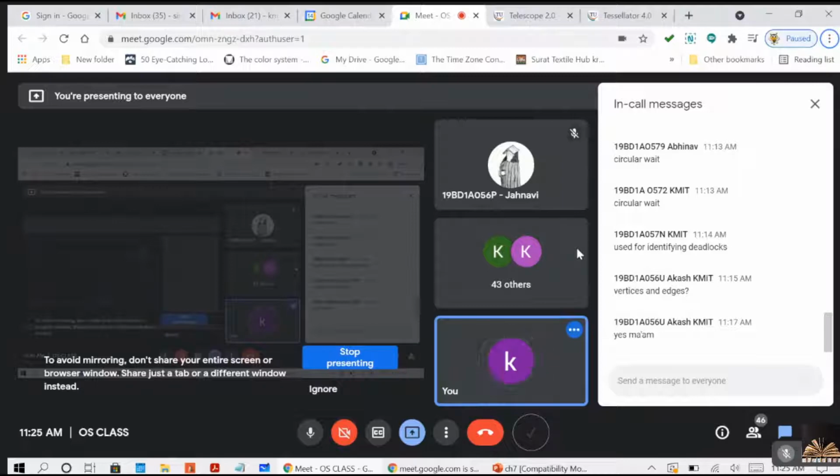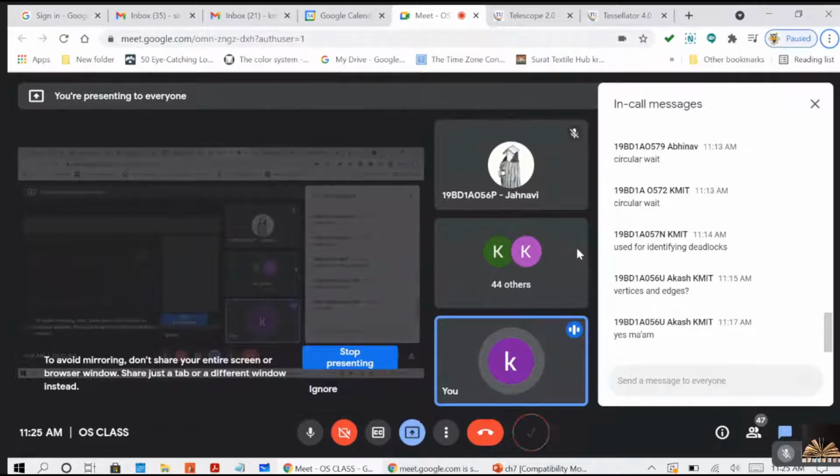Whenever a process is requesting, that will become the request edge. So when we convert that request edge to the assignment edge, if it is making a loop, that means if it is leading to the deadlock, that request will not be processed. If it is not making a loop, definitely that request will be processed. That means that resource will be allocated to the process.